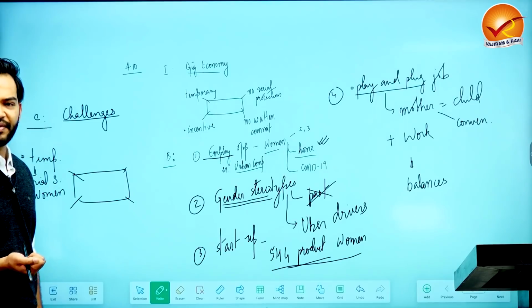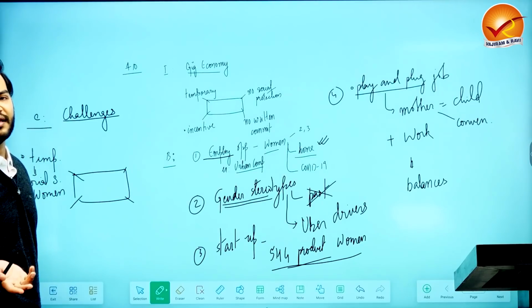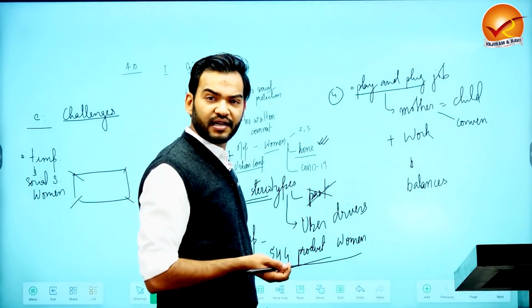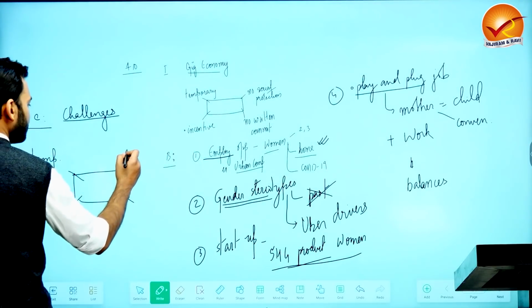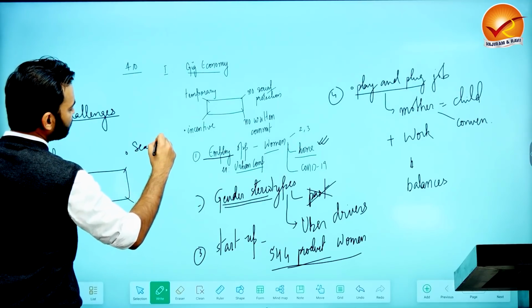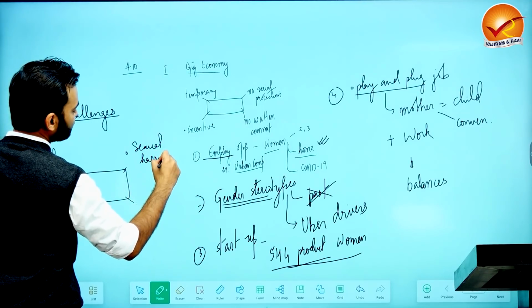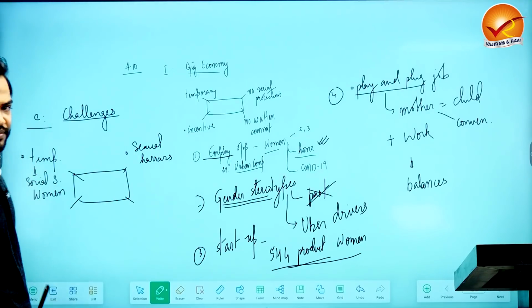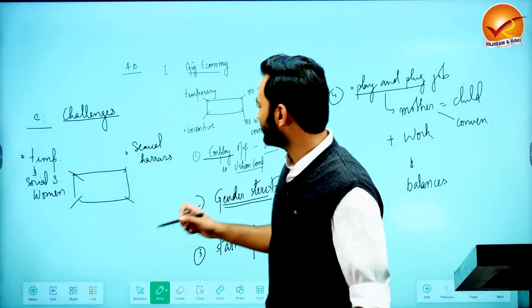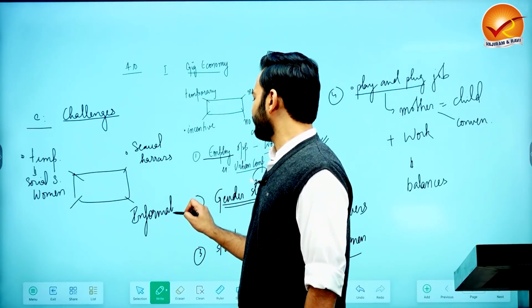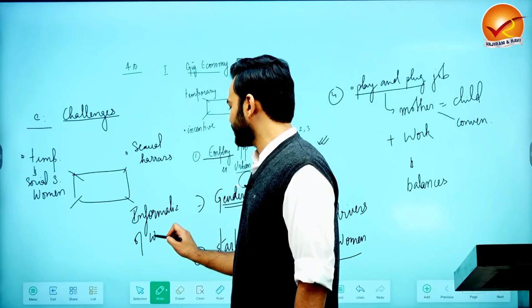She doesn't get any paid leaves. She doesn't get any incentive. She doesn't get any maternity benefit leaves here. Then, there are cases of sexual harassment at workplace, and even the sexual harassment at workplace law does not cover women working in the informal sector. So basically this has led to what is known as increased informalization of the women workforce.